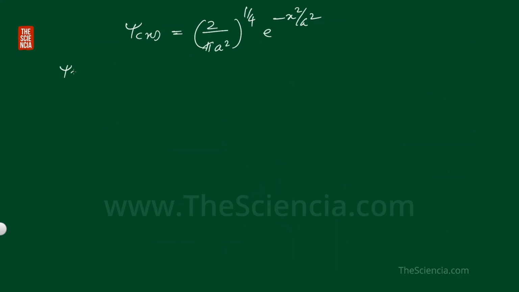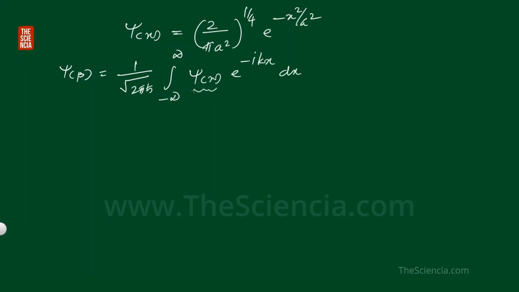That is, we know psi of p is equal to 1 by root 2 pi h cross integral minus infinity to infinity f of x, that is here psi of x e raised to minus i kx dx. Right.